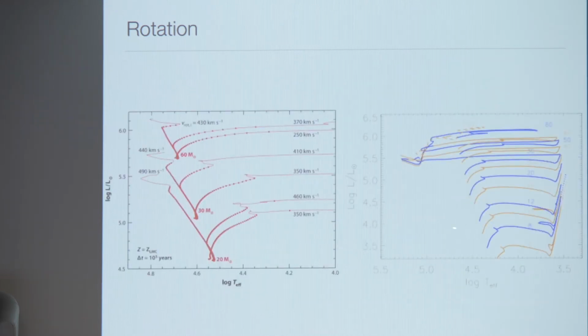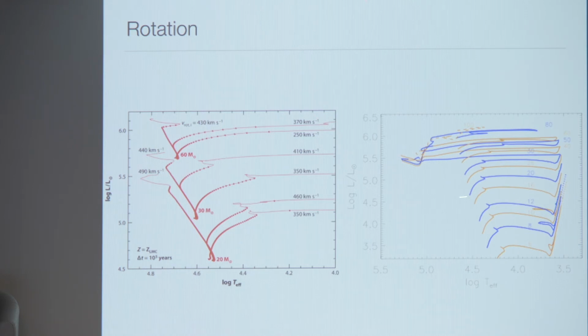Yes, so as I said, the 20 solar mass star, if there's no rotation, it goes to, well, let's talk about 30 solar mass. So a 30 solar mass star goes to there, and then in the usual case, it goes there and then comes back to a Wolf-Rayet star. But a 30 solar mass star, if it's rotating very rapidly, can go directly to a Wolf-Rayet star.